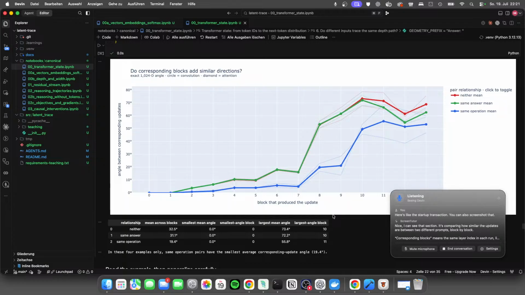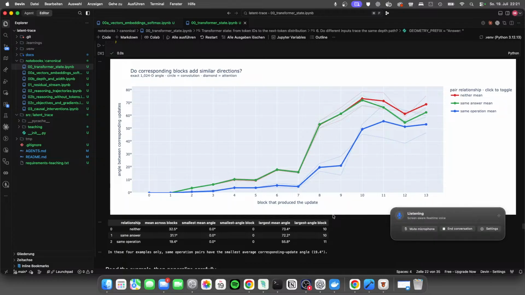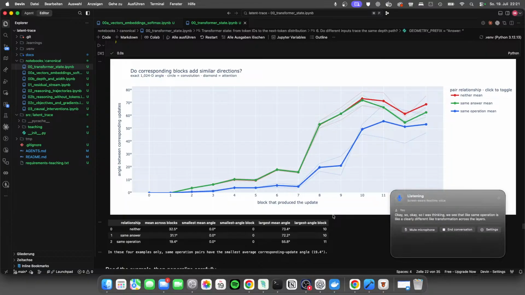Okay, so I was thinking we see that "same operator mean" is a clearly different transformation across the layers than the others. "Neither mean" and "same answer mean" are kind of the same.